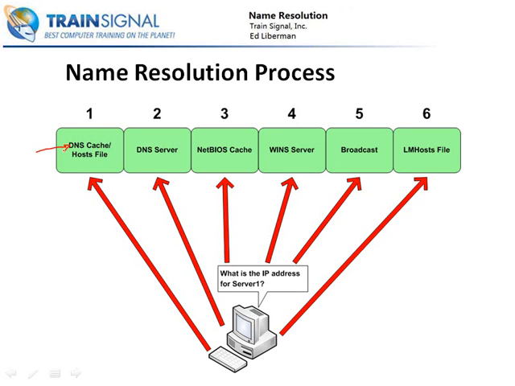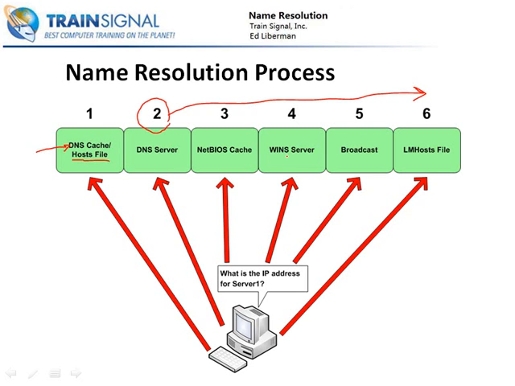And if that seems wrong, it's not just a matter of flushing the cache, because if there's a host file entry, it's going to repopulate that cache right after you flush it. After you have checked both the cache and the host file, then you can move on to steps 2, 3, 4, 5, and 6 to figure out what is wrong with the name resolution process.